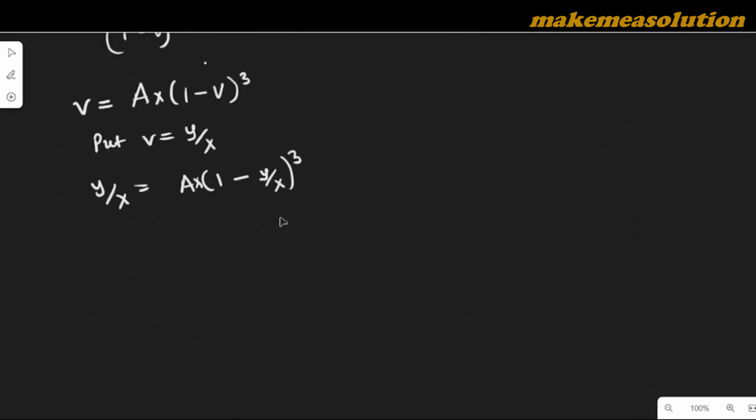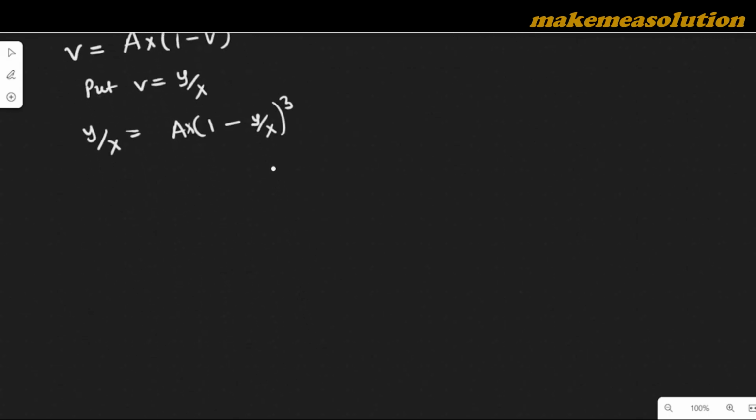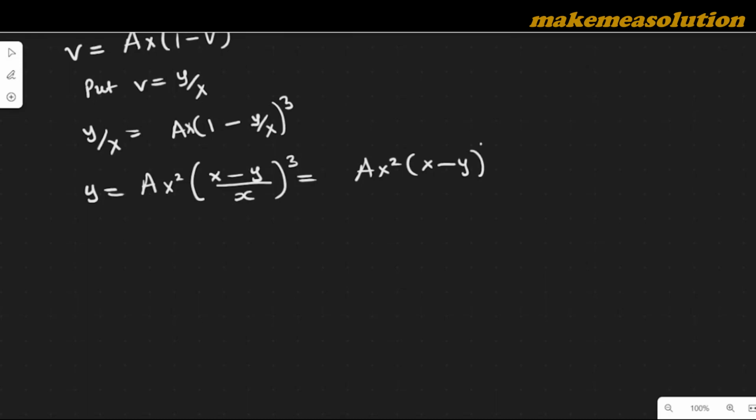Just to simplify, you have y is equal to ax squared into ((x minus y) over x) whole cube, and this is ax squared into (x minus y) cube over x cube.